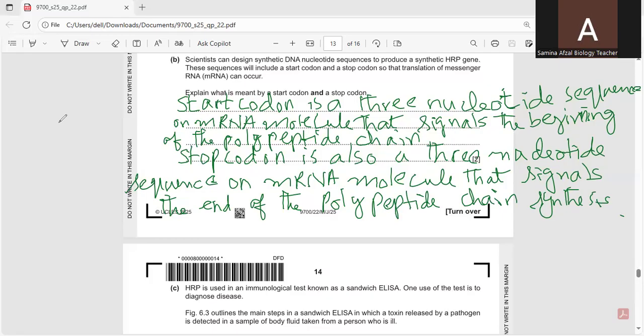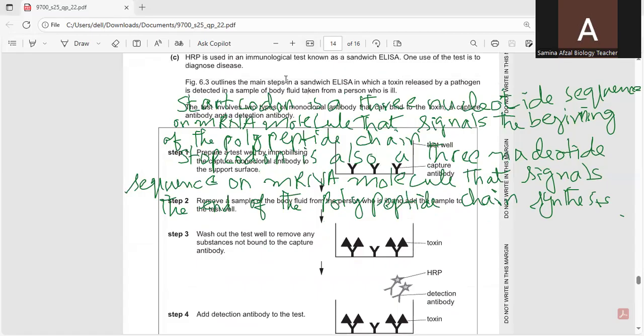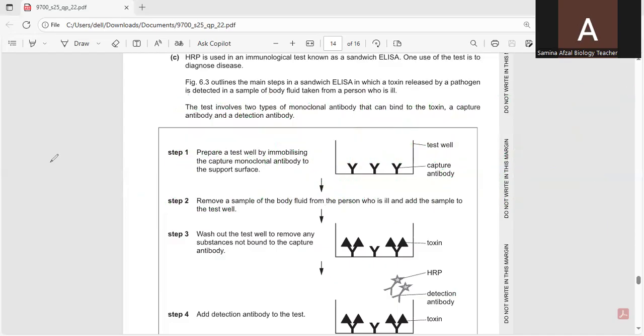So the next part of this question, part C: HRP is used in an immunological test known as sandwich ELISA. One use of this test is to diagnose disease.